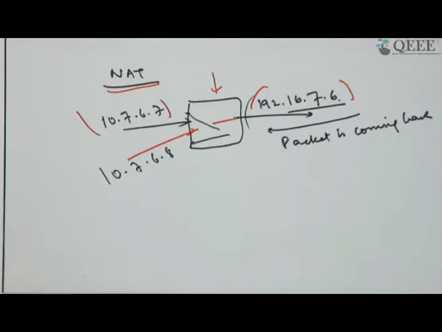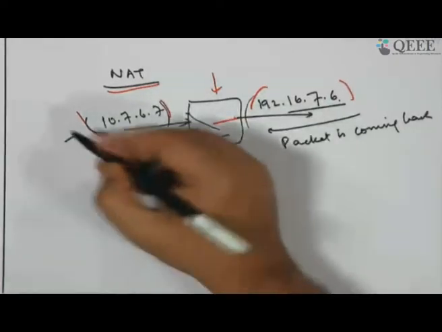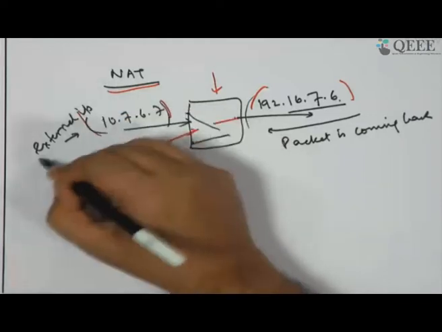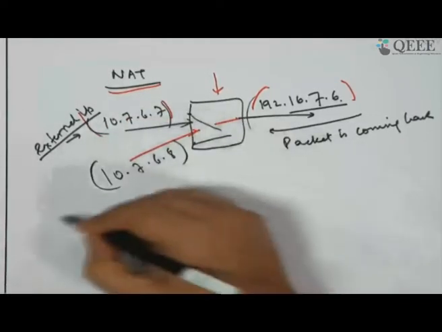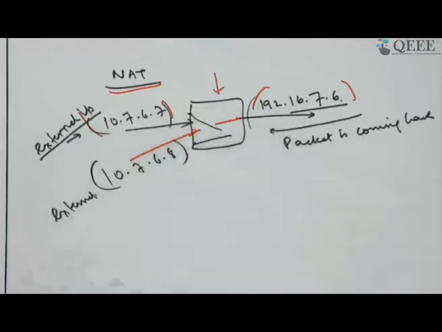So if this could have been made an external IP instead of an internal IP, this would not solve the problem.